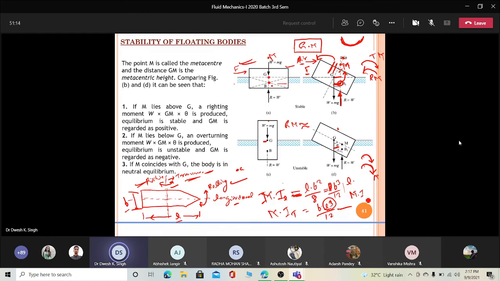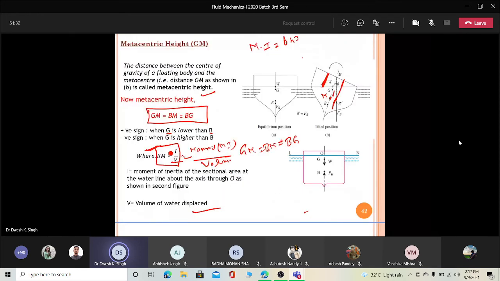So you can simply understand that the transverse moment of inertia is always larger in comparison to the moment of inertia about the longitudinal axis, and this is how the rolling occurs. Now if the moment of inertia is large for the case of the transverse axis, it means that BMT is larger than BML.